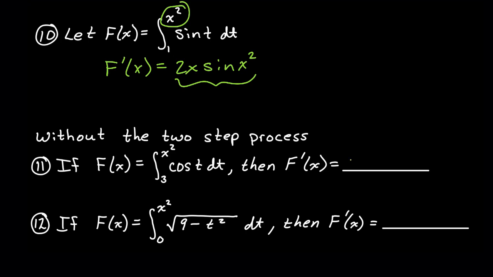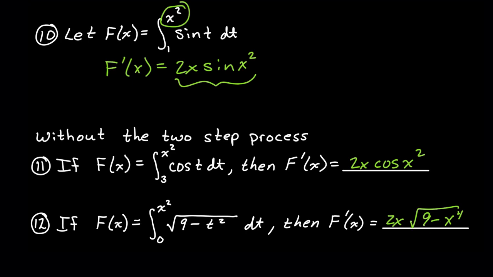The next one would be 2x times cosine of x squared, and the next one is 2x times the square root of 9 minus x to the 4th power. Notice it does not matter what our lower limit of integration is, because that lower limit creates the constant that was on the end of our term, and when you take the derivative, that part goes away.